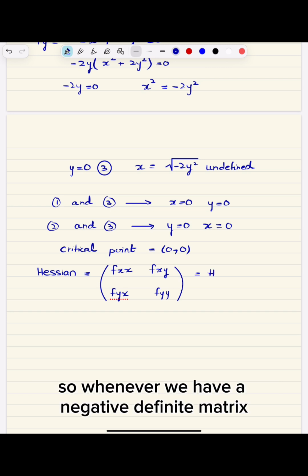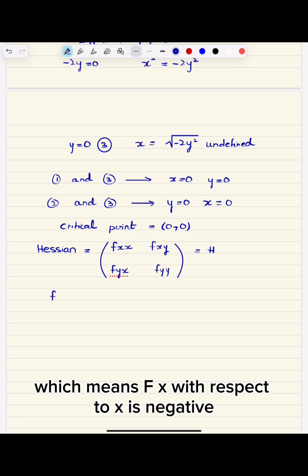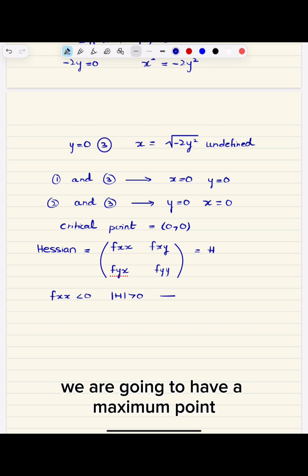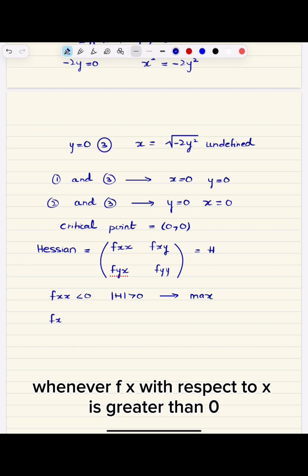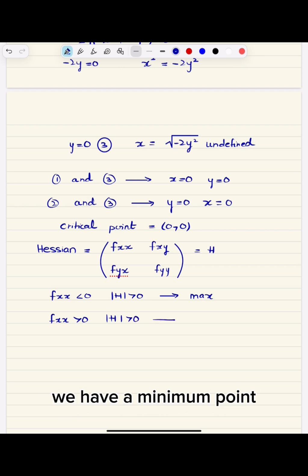Whenever we have a negative definite matrix, which means f_xx is negative while the determinant of H is positive, we're going to have a maximum point. Whenever f_xx is greater than 0 and the determinant is positive, so a positive definite matrix, we have a minimum point.